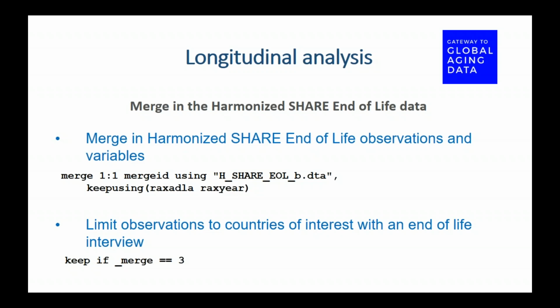And we're going to keep those variables, the count of ADLs and the death year. And then we can also limit our observations to our countries of interest with an end-of-life interview. The Harmonized SHARE end-of-life data is going to have data from any country inside of SHARE which has conducted end-of-life interviews. But again, we're only going to be looking for this analysis at those four countries.